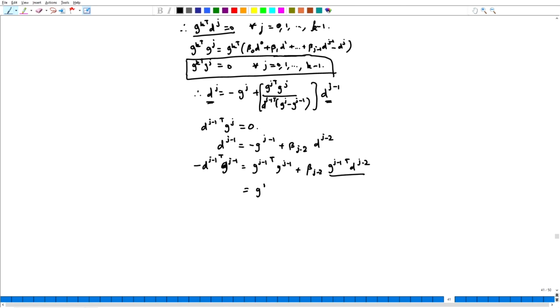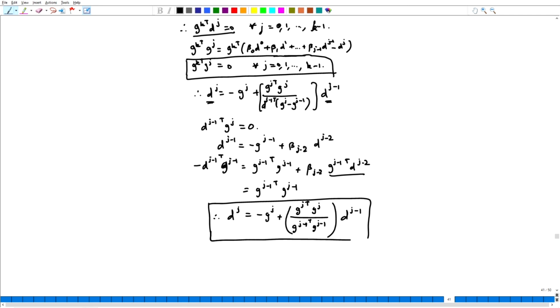So we have gj minus 1 transpose dj minus 1 equal to minus gj minus 1 transpose gj minus 1, therefore dj is minus gj plus gj transpose gj by gj minus 1 transpose gj minus 1 times dj minus 1. So this is how you find the set of directions in the Fletcher-Reeves algorithm. We will continue in the next lecture. Thank you.